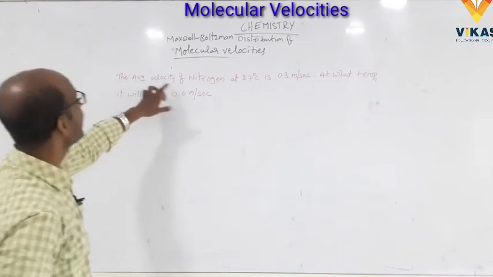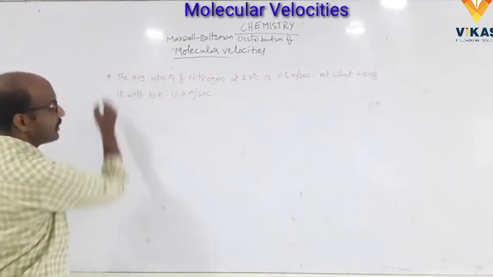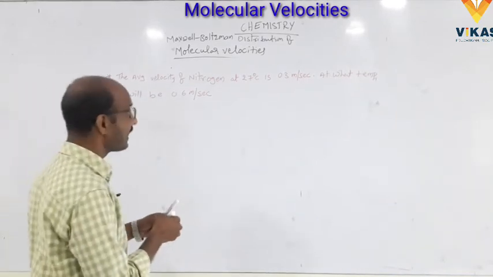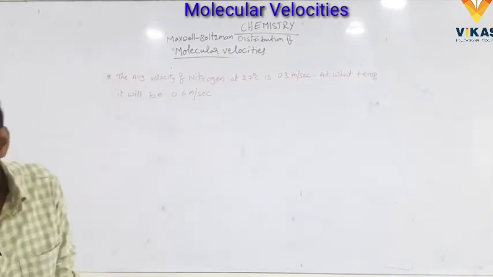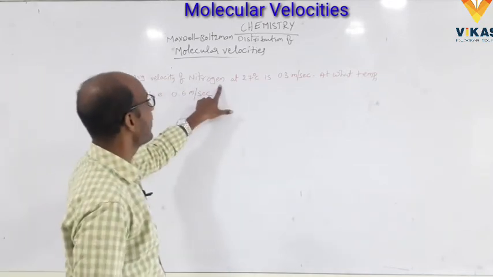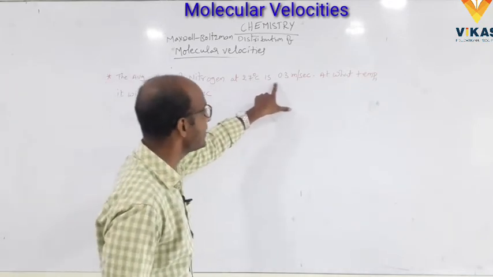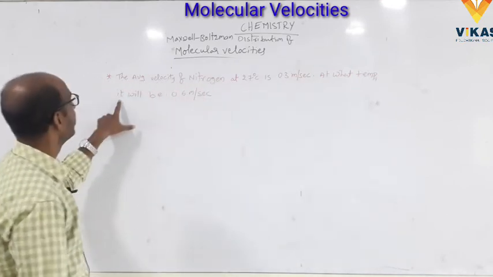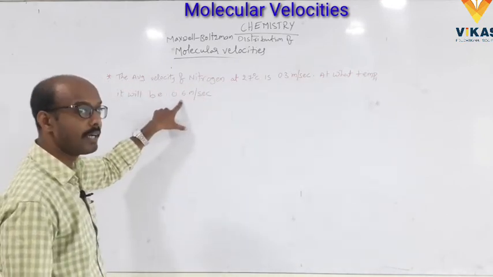The average velocity of nitrogen at 27 degrees centigrade is 0.3 meters per second. At what temperature will the average velocity be 0.6 meters per second?